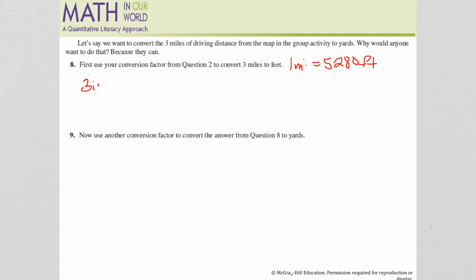So taking 3 miles, we'd put 1 mile on the bottom so that the miles will cancel, and 5,280 feet on the top, and we get 15,840 feet.